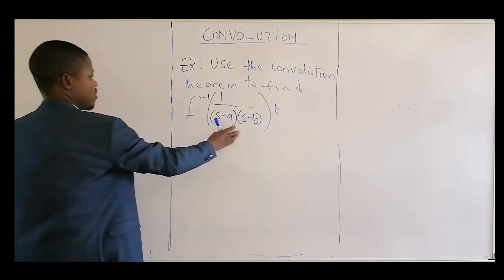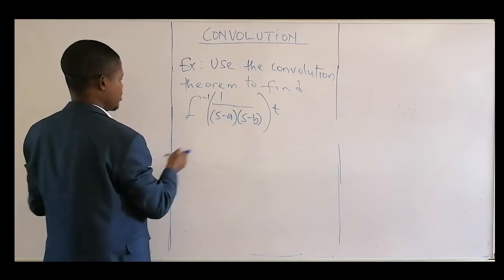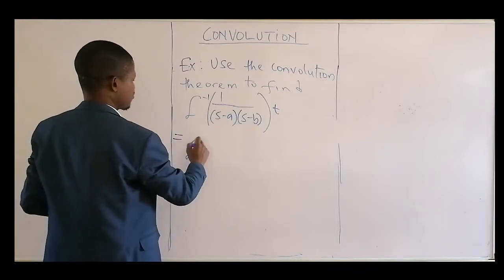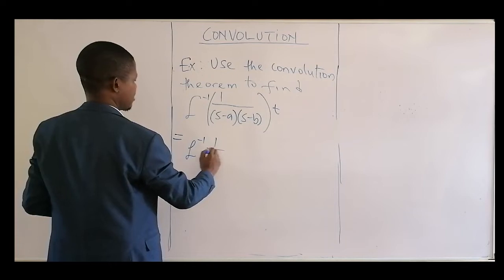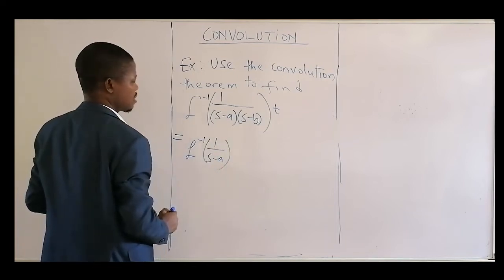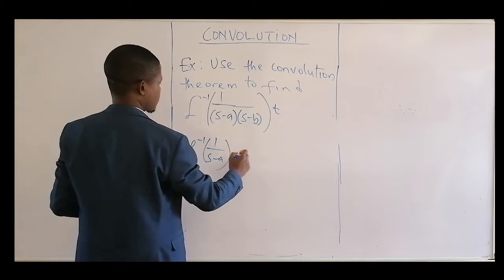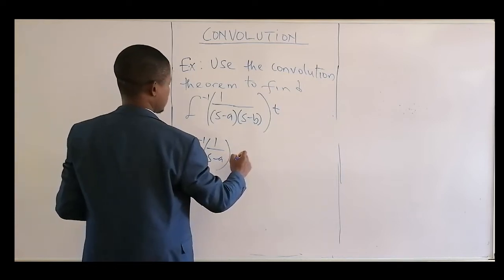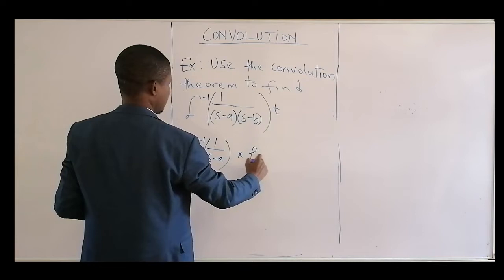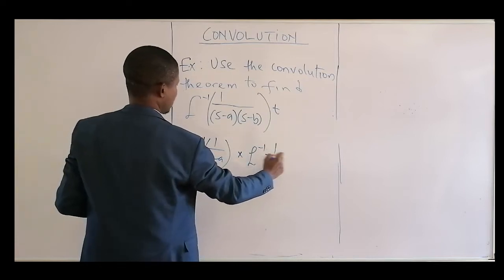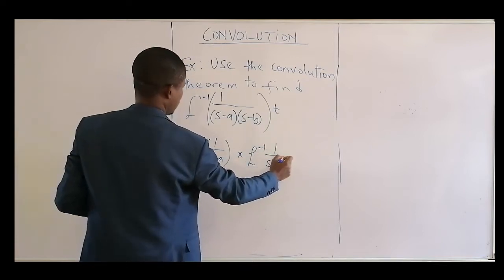So when you have this, we can split it down. This will be equal to the inverse of 1 over (s minus a), times the inverse of 1 over (s minus b).